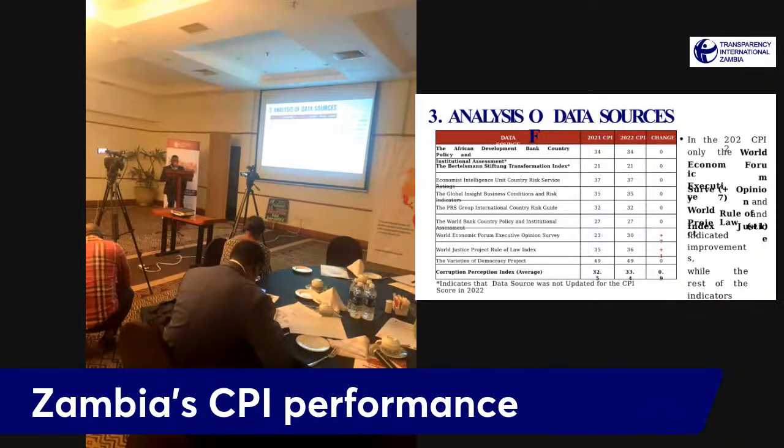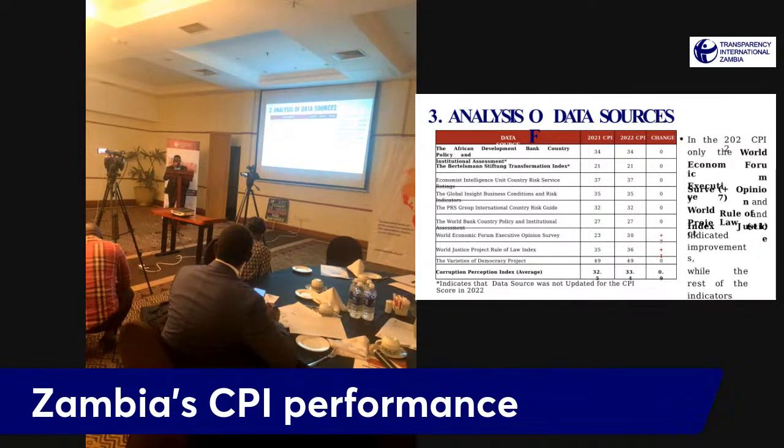However, it's also important to note, as I have already explained, that the CPI is an average of these data sources. If you look at the average in 2021, the CPI score was 32.5, okay? And the CPI is rounded off to the nearest whole number. So 32.5 led to the 33 that we have in 2021.